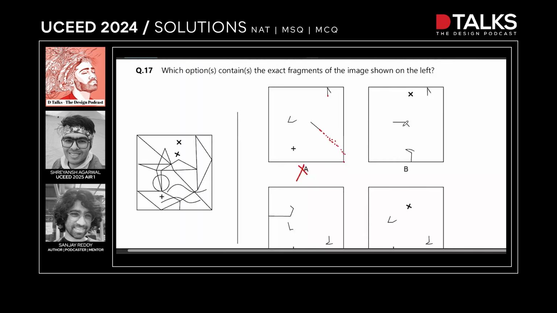Then in B, this is fine, right? This matches up, also matches with the corner. I generally check these distances from the corner. This distance and this distance are matching up. That is fine, and this is the same. So B seems fine to me. I don't see anything wrong in it.